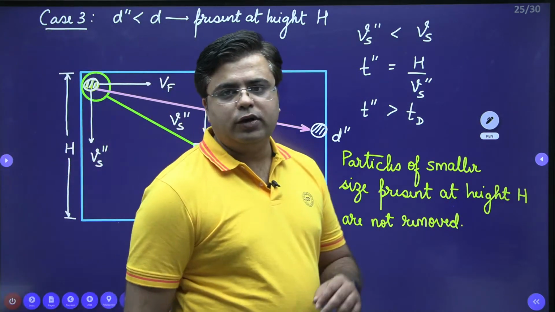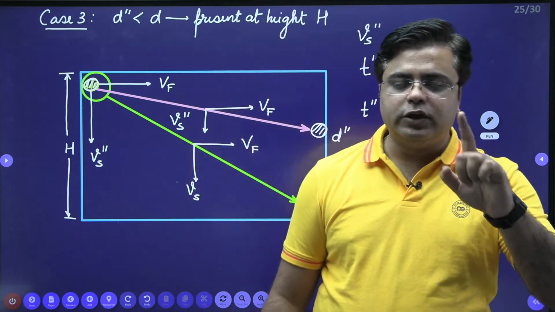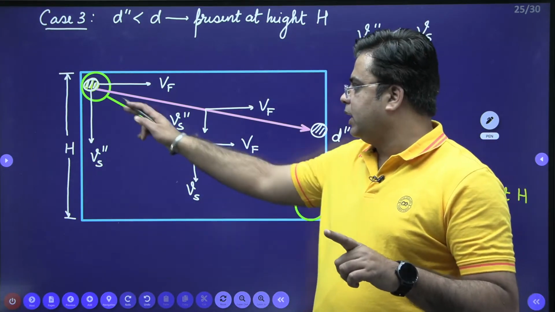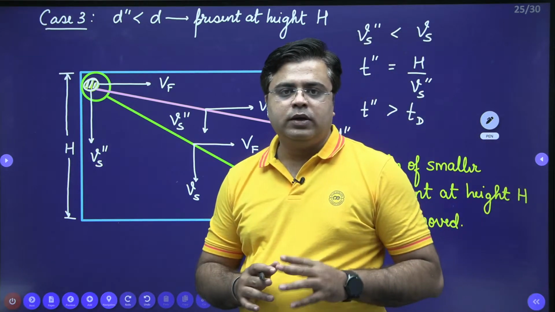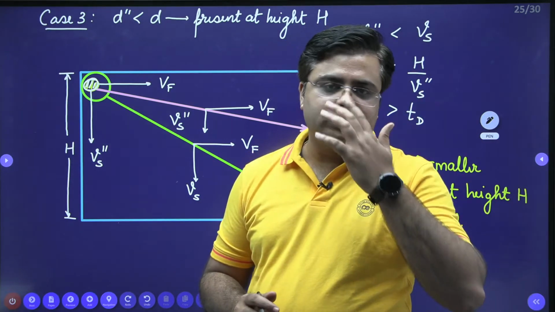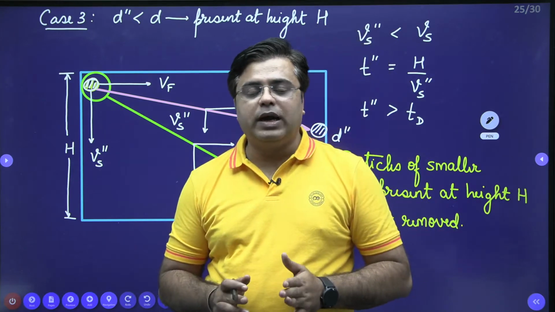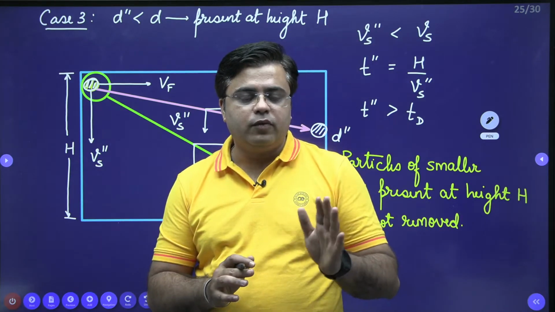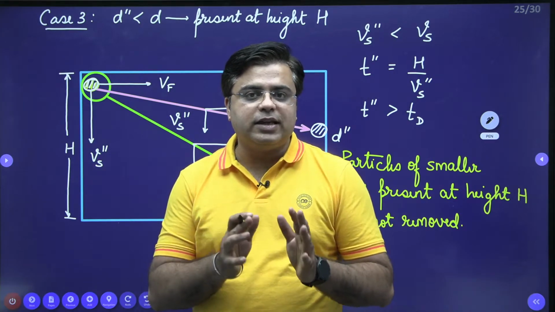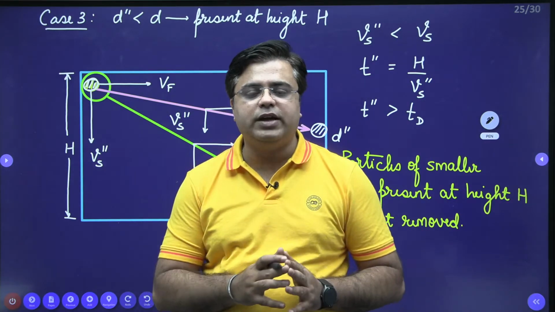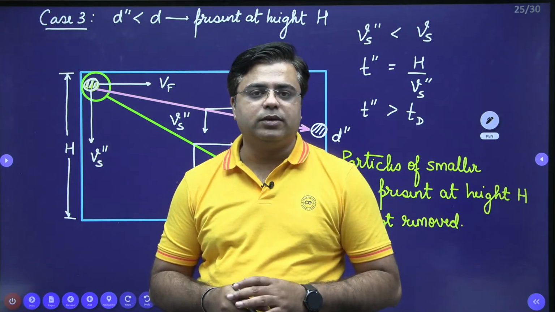So right now we know about three particles. First is the concerned size of the particle, which is getting removed in the available time Td. Second is the larger size of particle, which takes less time than Td to get removed from the system.